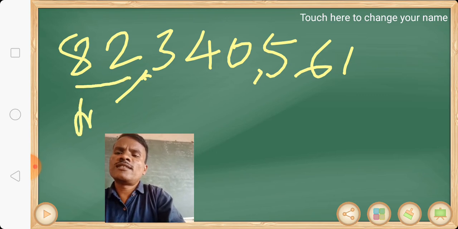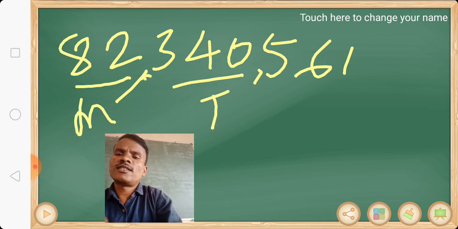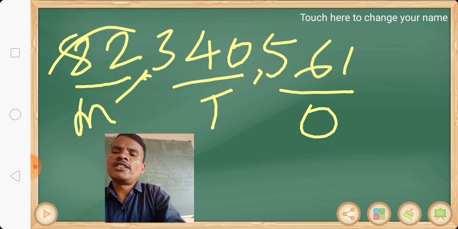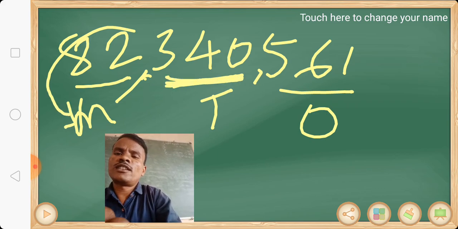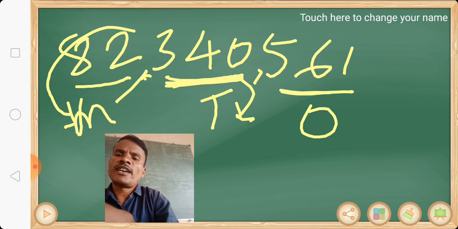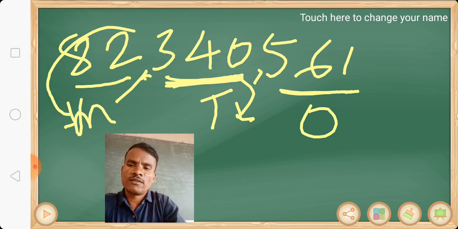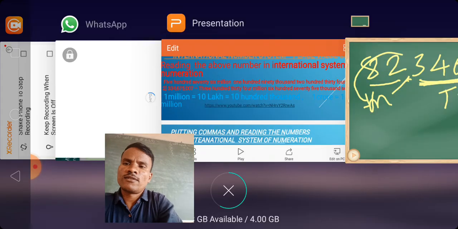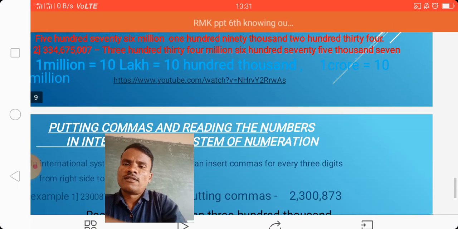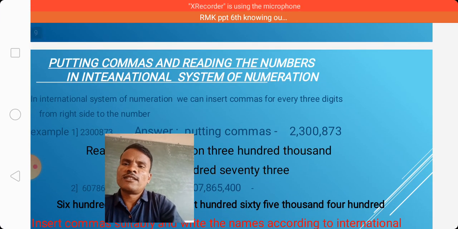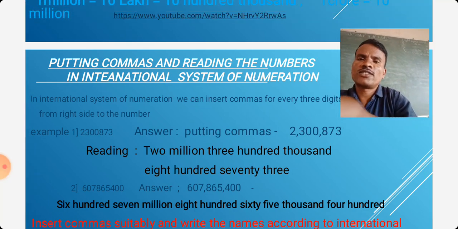This is the millions place, this is the thousands place, this is ones. Read this one: 82,340,561. This is the way of reading numbers in the international system of numeration, putting commas and reading the numbers.